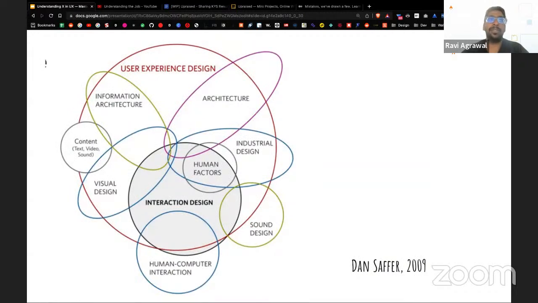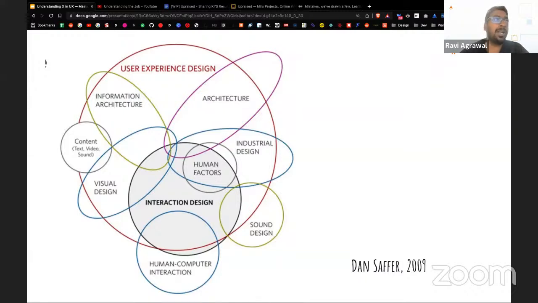There is another person that I really admire, Dan Saffer. He's written a lot of books: Designing for Interaction, Microinteractions, Designing Gestural Interfaces. And this is how he tried to articulate the definition of user experience design in 2009.